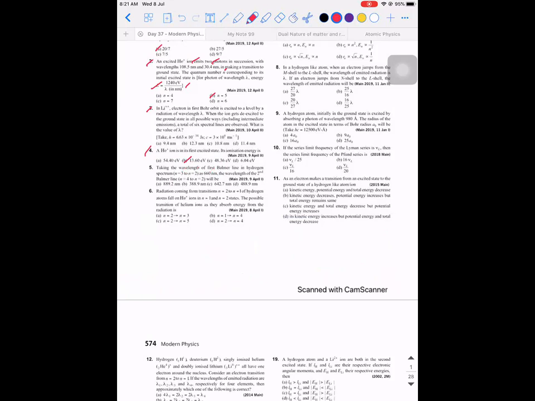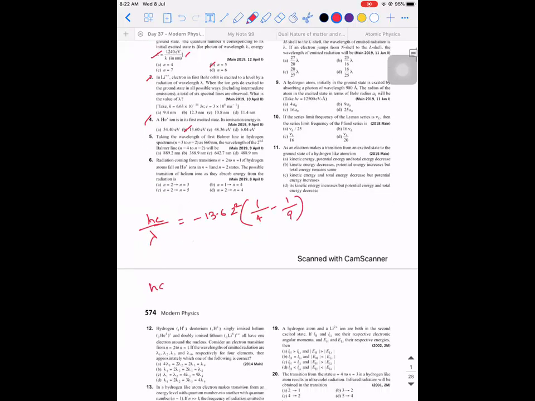So what are you going to apply? Hc by lambda. Divide both, you will get the answer.